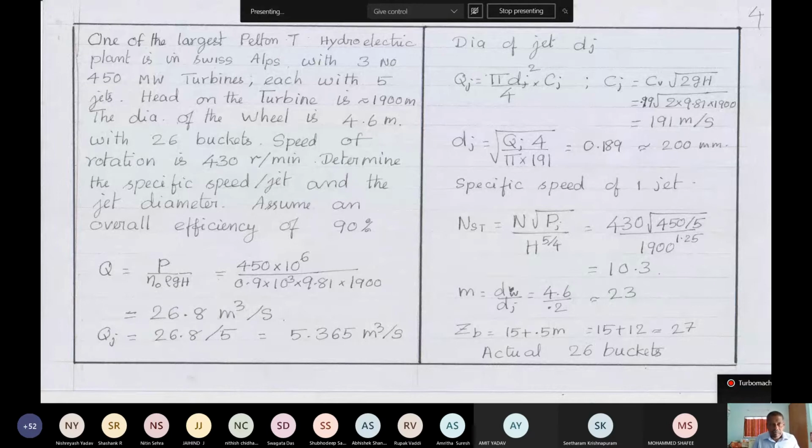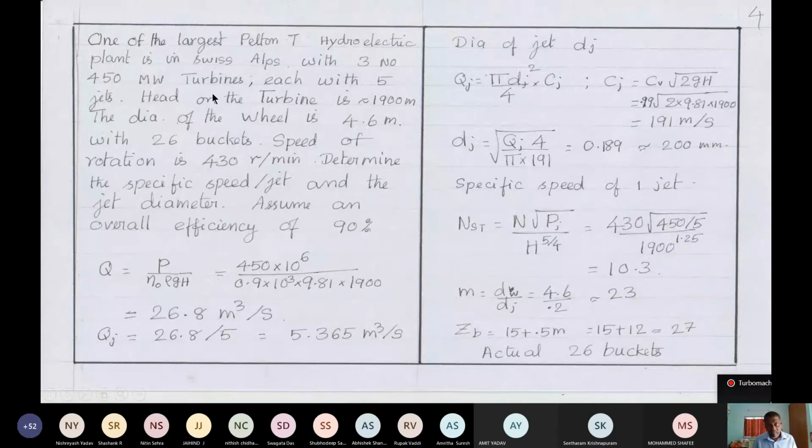And there are 5 jets. The head on the turbine is 1900 meters. So 1900 meters means how many kilometers? 1.9. And remember, I gave you the height of Kodaikanal and Ooty. Do you remember?